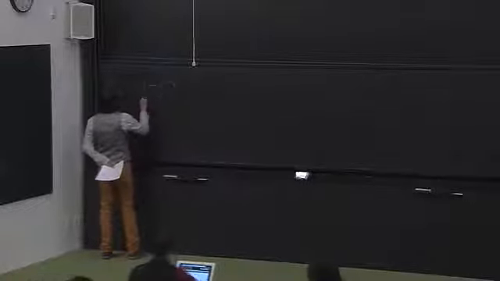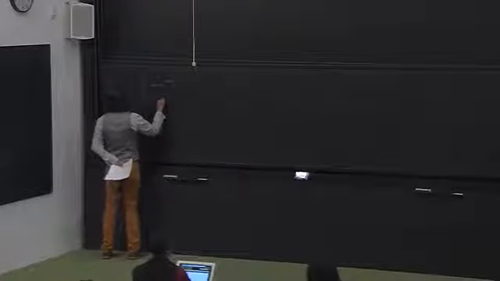So the comment I want to make now is that our global phase transformation, where we just changed, there could be an E here. This is still a symmetry, right?